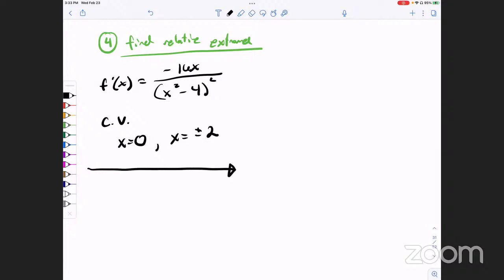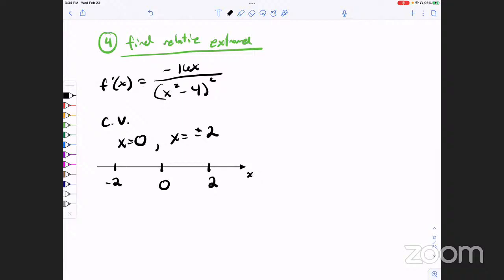Let's plot these critical values. So we had 3 of them, when x was 0 and then plus or minus 2, right?